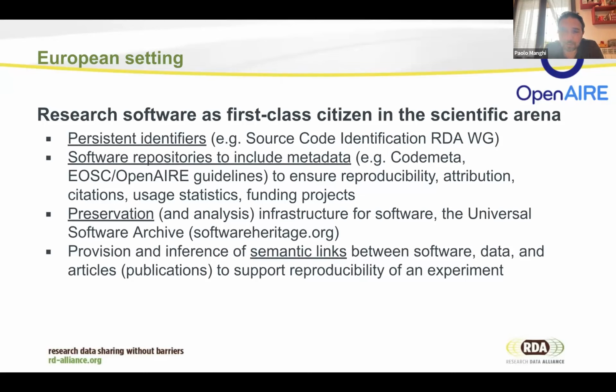This is to say that the whole open science publishing infrastructure is actually evolving in this direction. So we have the same phenomena for data, for software, and we have links with publications.